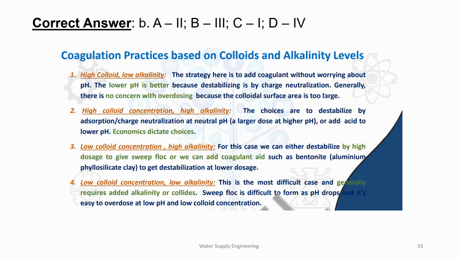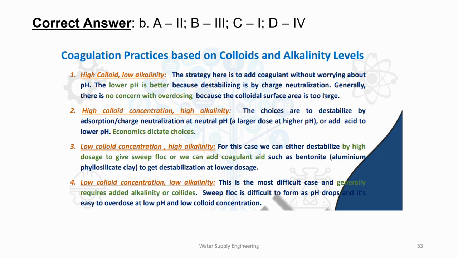The method adopted will depend upon the economy or the financial requirement we have. So if high alkalinity exists, either we need to reduce the alkalinity or reduce the pH first, and then add the optimum amount of coagulant, or we have to add more coagulant at a higher alkalinity condition.